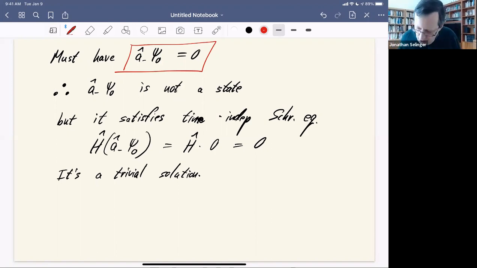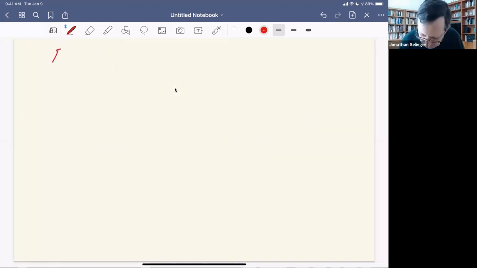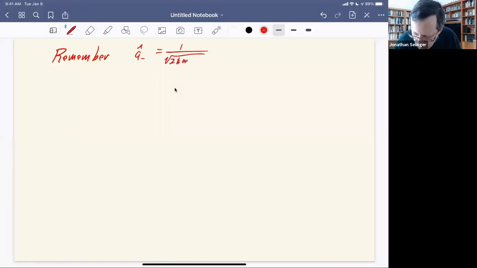Remember that A minus is defined as, well, there's this square root in the front, one over the square root of 2 h bar m omega, times i p plus m omega x operator.